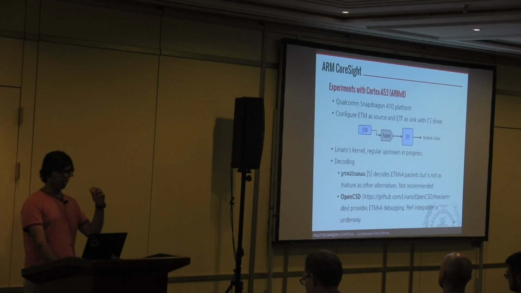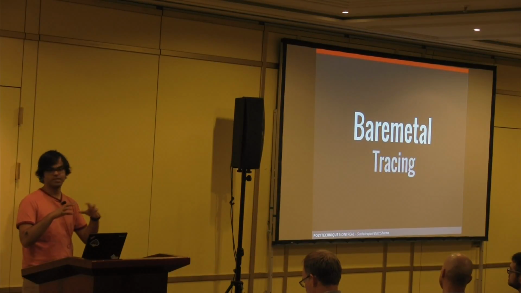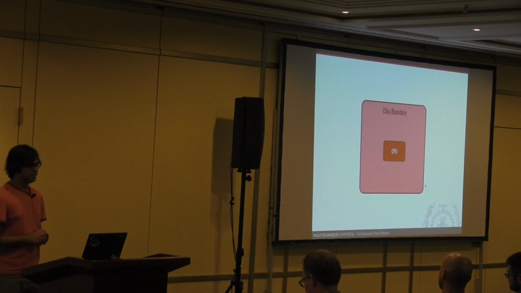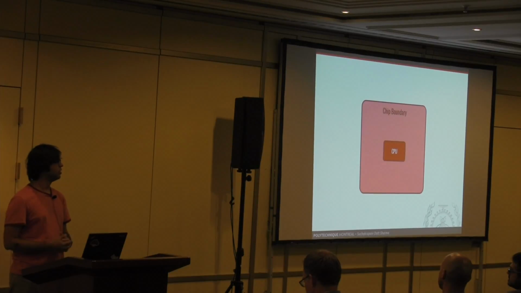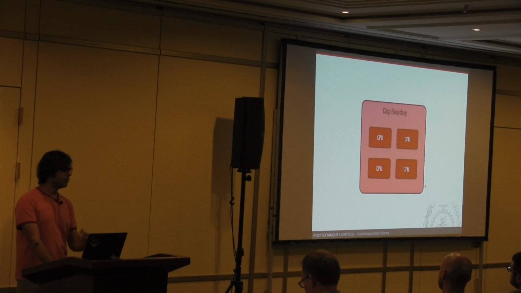Now we go a bit deeper to baremetal tracing, where we are going to explore what happens when you have a system which has different kinds of cores. So the chip boundary used to be like that. There was one CPU and you would work with that, and life was so easy at that time. Then you started having multiple CPUs, and there were some complexities in getting data out from there.